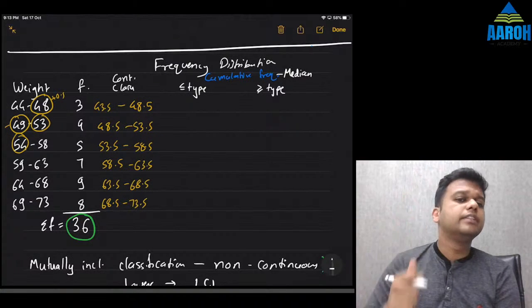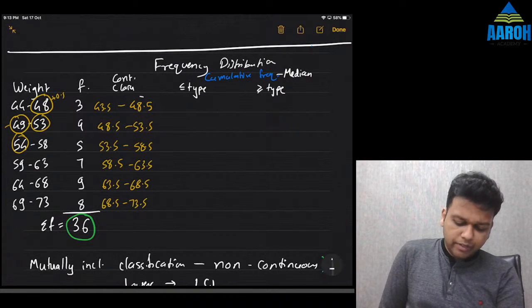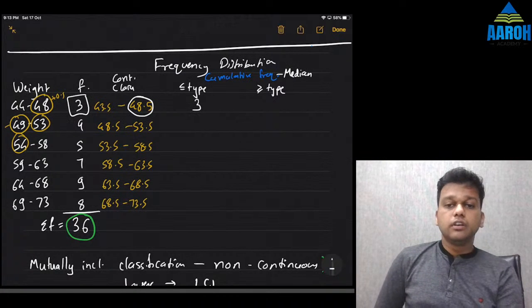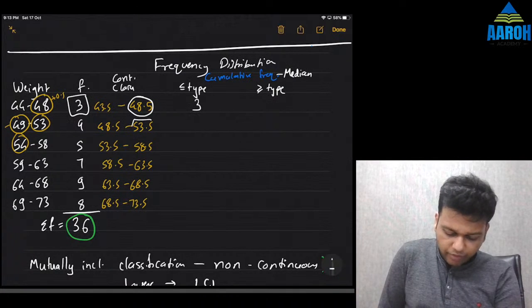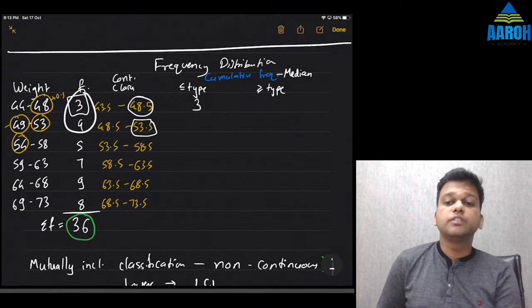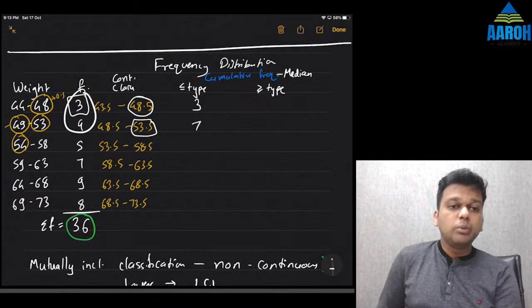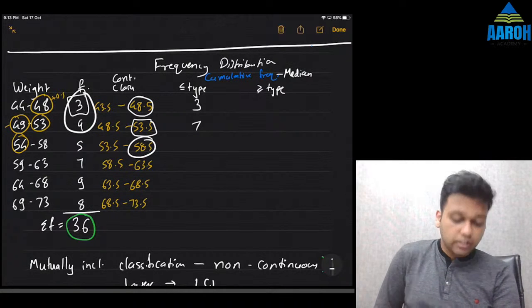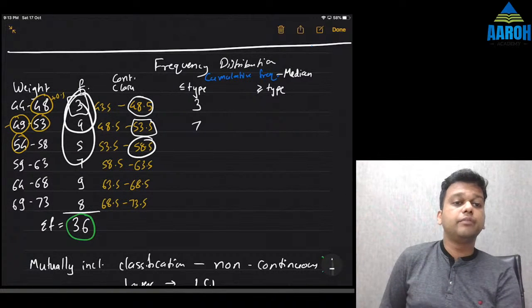Less than type frequency means what? How many values are less than 48.5? So that is 3. Then how many values are less than 53.5? Now less than 53.5 means both the classes, 3 plus 4, 7. How many values are less than 58.5? Which is all 3 classes, which is 7 plus 5, 12.